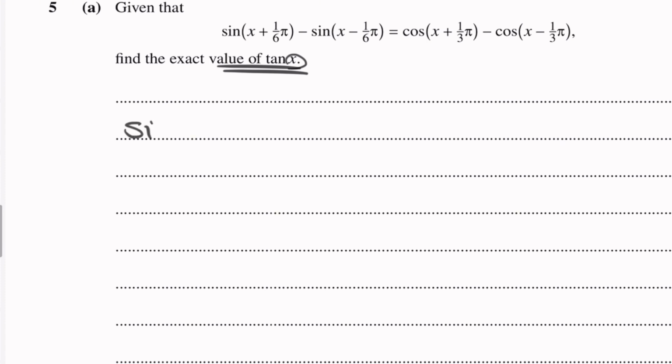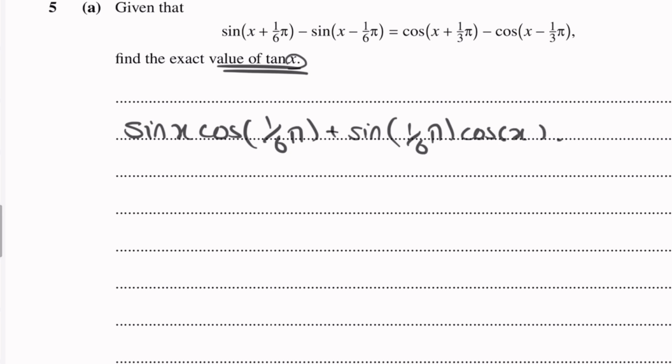You're going to get sine x cosine 1/6 pi plus sine 1/6 pi cosine x. So this is basically equal to sine of (x + 1/6 pi).